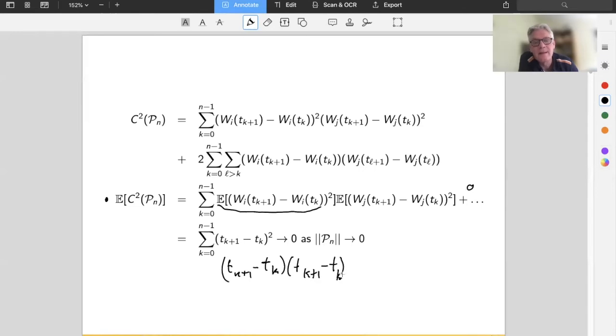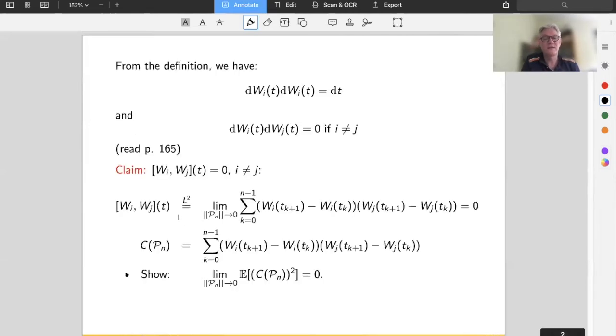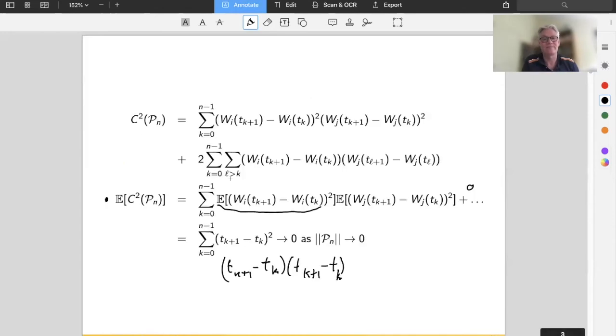So taking them together, it's the sum, k runs from 0 to n minus 1, of (tk+1 minus tk) squared. We remember that is dt squared, and we have shown that it goes to 0 when the partition size goes to 0. So that is the proof of the claim that the cross variation of Wi, Wj is equal to 0 when i is not equal to j.